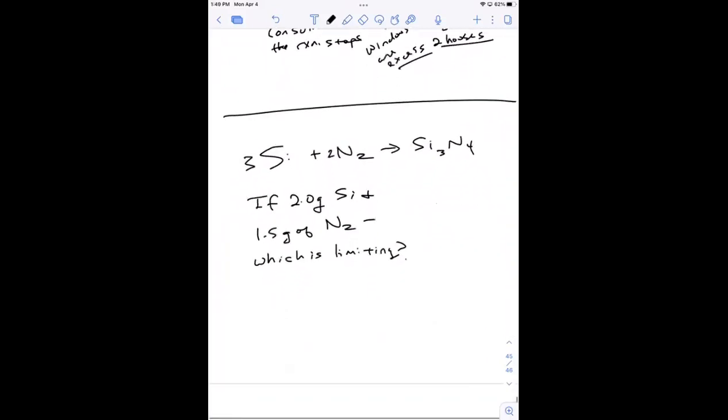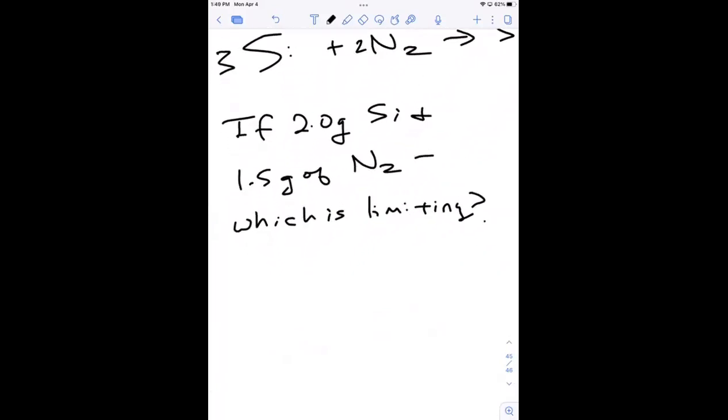All right, let's find that out. Everything has to be in moles. So let's turn 2 grams of silicon into moles. Silicon has a molecular weight or atomic mass of 28.09. So let's do that.